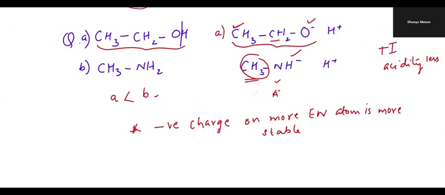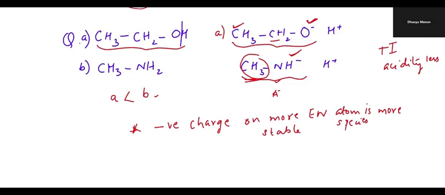So if the negative charge is on a more electronegative atom, then that means that atom is more stable. Okay, or that A minus ion is more stable, or that species is more stable.